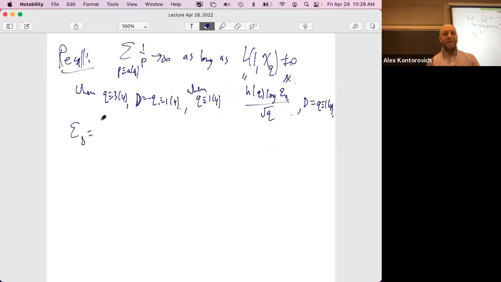Epsilon_D is (T plus root D s) over 2, where T squared minus D s squared is 4, is the minimum solution.